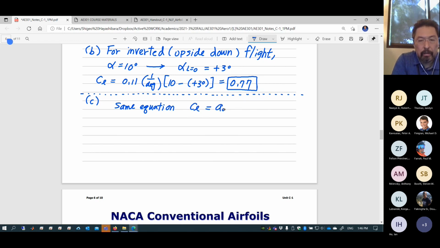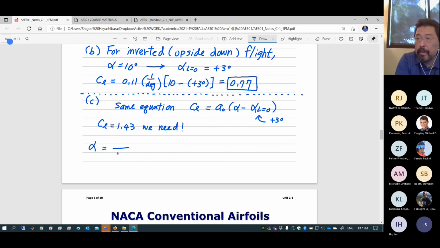CL is equal to A0 times alpha minus alpha zero lift. Now this is inverted flight, so alpha zero lift is plus 3 degrees. We know that. Now CL 1.43 we need. So alpha is, changing the equation, alpha is CL over A0 plus alpha zero lift.